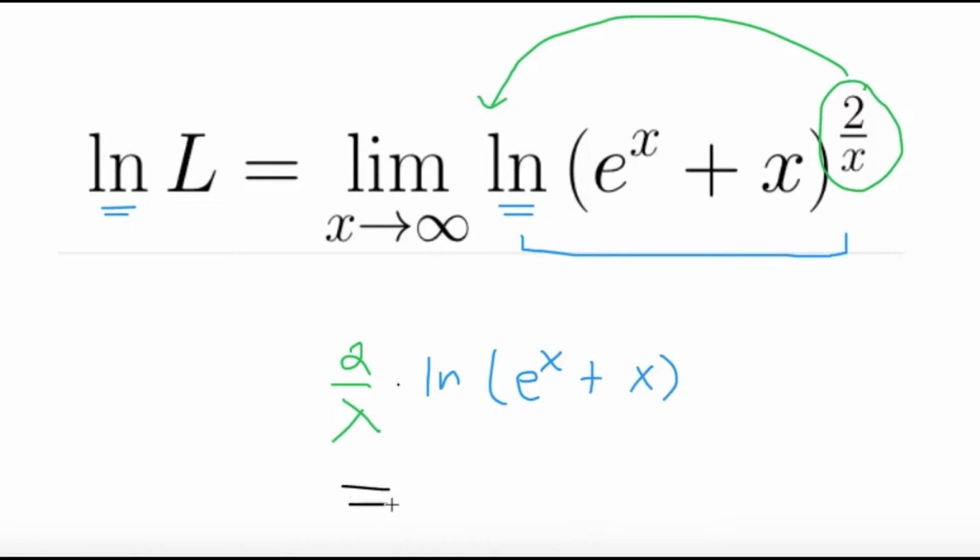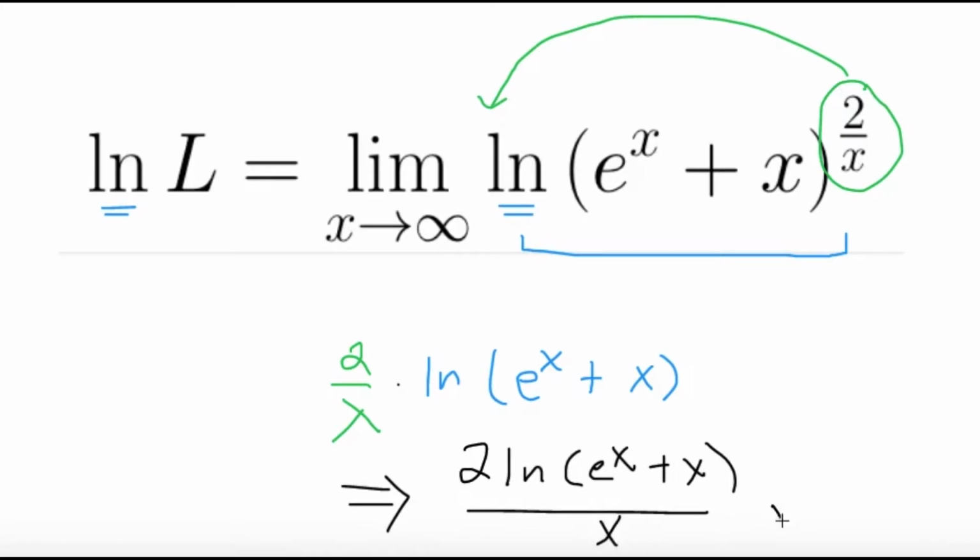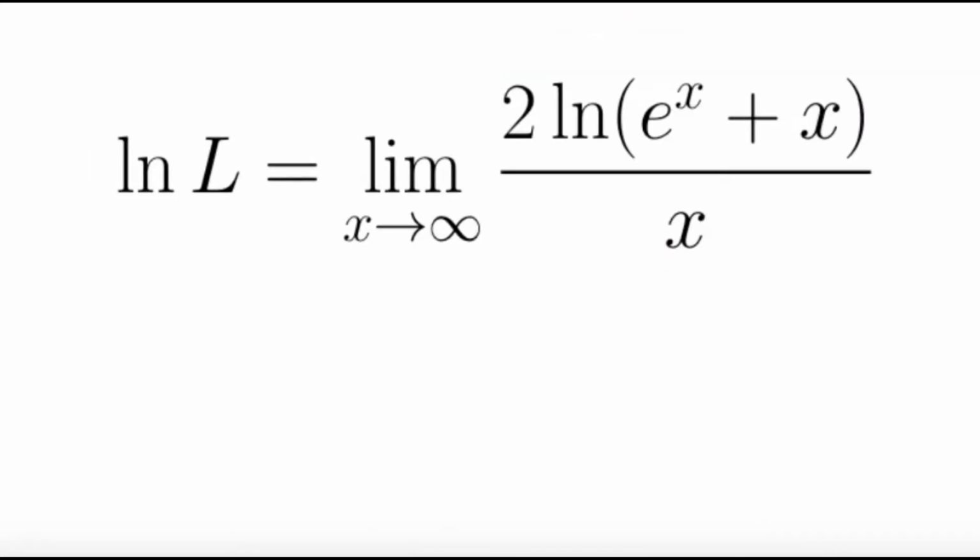Now, let's put it in one fraction so it's easier for us: 2 ln(e^x + x) all over x. This is easier to work with because everything is one fraction now, and we'll be able to start doing L'Hopital's rule. So we have the natural logarithm of L equal to the limit of this fraction.